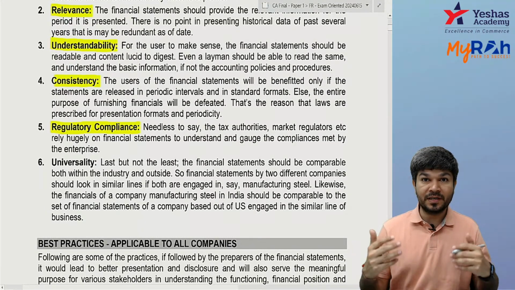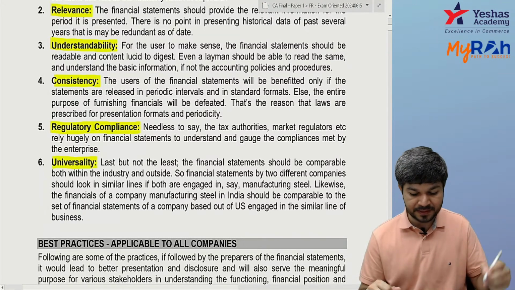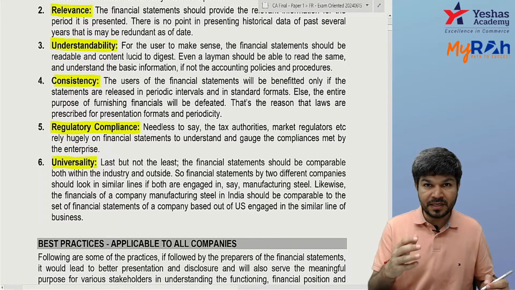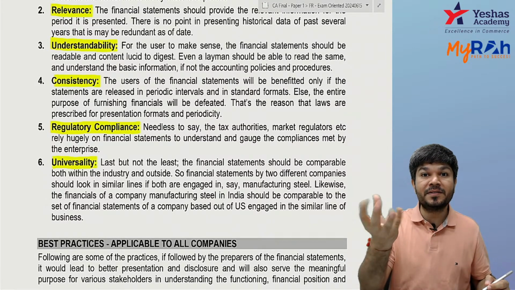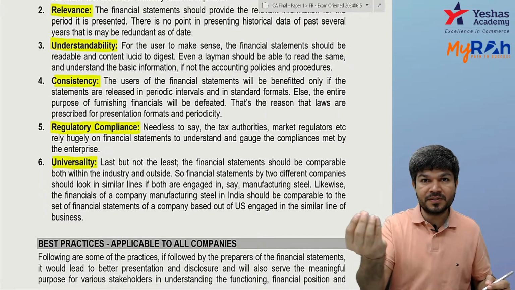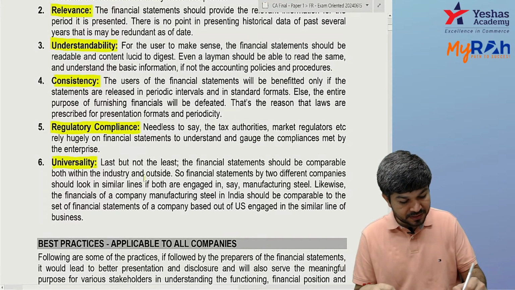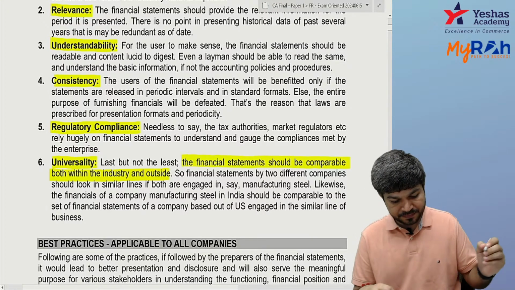So whatever rules, regulations, laws are there, that needs to be complied. And last one, universality. Universality means it has to be comparable. It has to be comparable with your past financial statements, plus it has to be comparable with your industry. Yeah, the similar industry, other companies, my financials, their financials should be comparable. The financial statement should be comparable within the industry and outside.